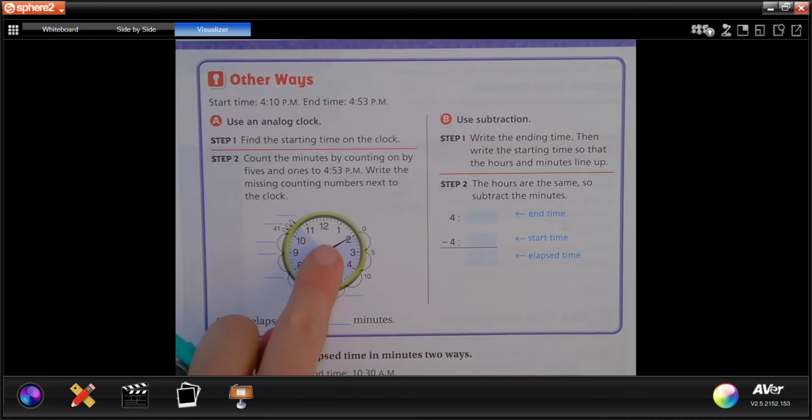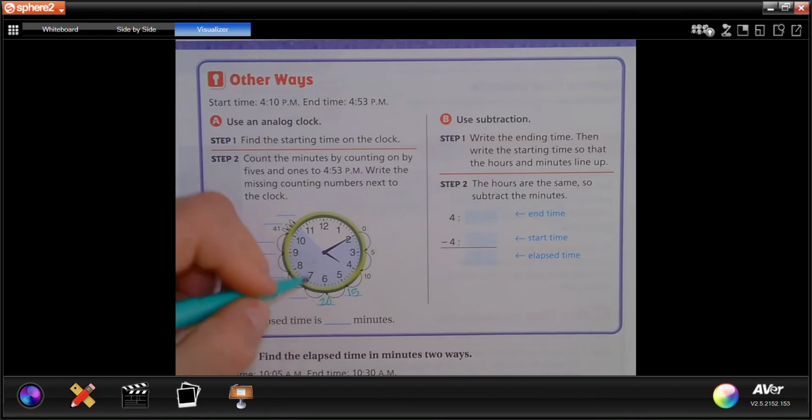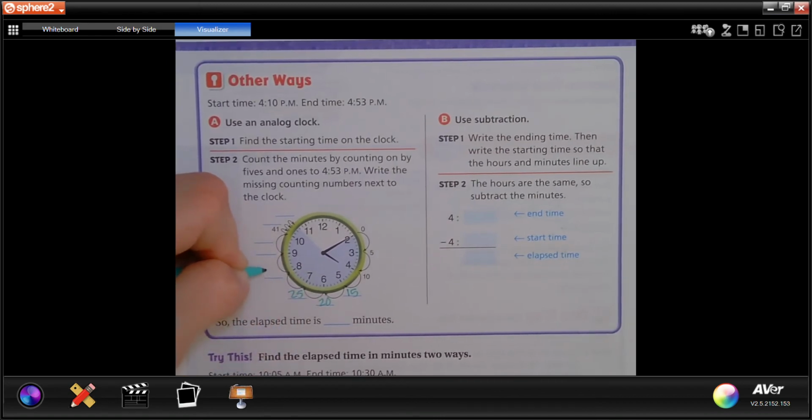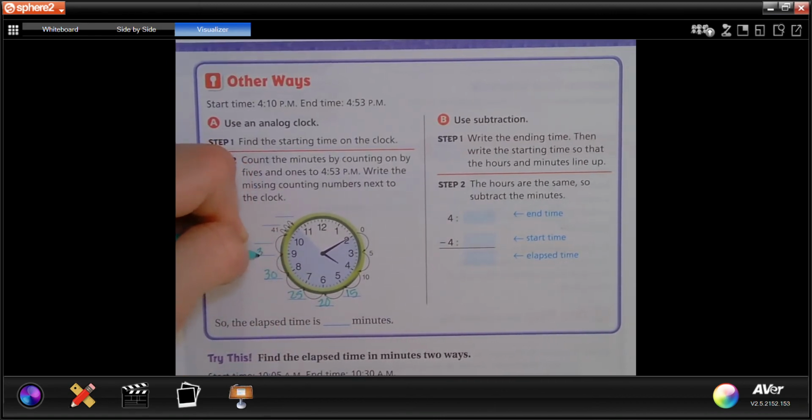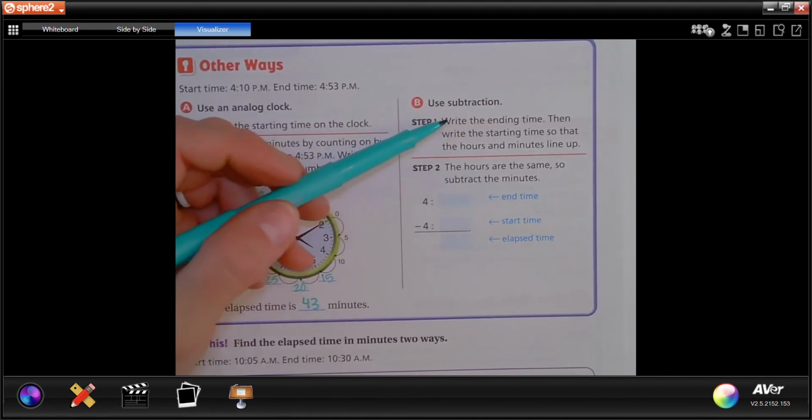All right, so 5, 10, 15, 20, 25, 30, 35, 40. Then we're going by ones, 41, 42, and 43. So the elapsed time is 43 minutes. B. Use subtraction.